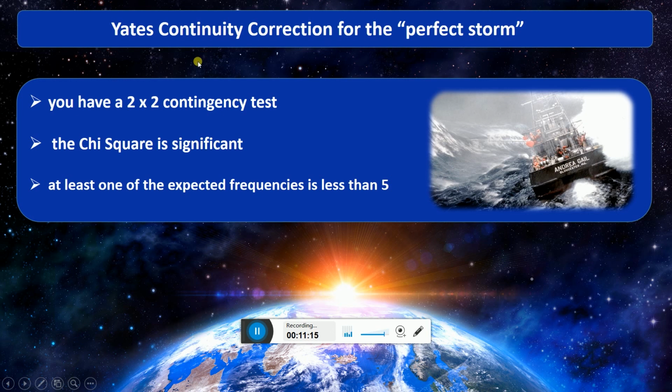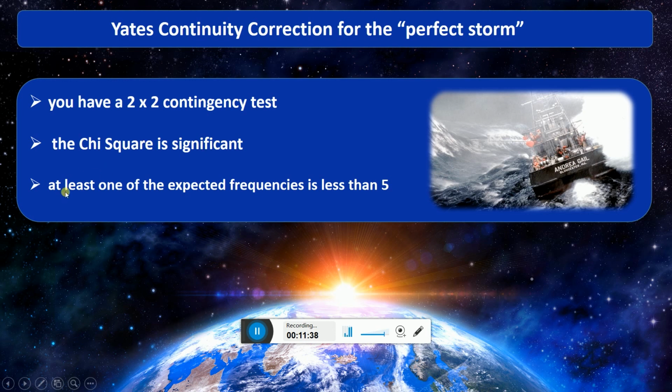So when would we have the perfect storm in a contingency test? Well, the first thing is you have a 2x2 contingency test. That means you have two categories of one variable, two categories of another, so you end up with 4 cells, 4 category combinations. The second thing is the chi-square test is significant.